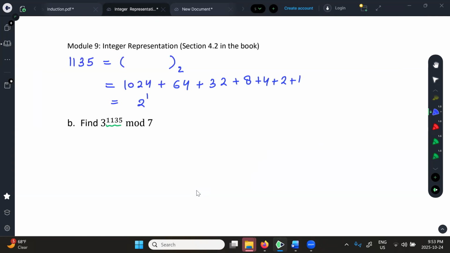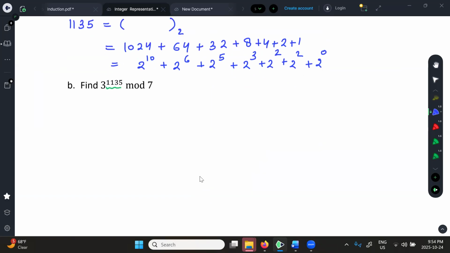This is 2^10 plus 2^6 plus 2^5 plus 2^3 plus 2^2. You see the pattern here? I'm trying to write this as a sum of powers of 2, and you'll see it in a minute. Why am I doing this? I'm doing it because I know the pattern, how the function behaves.